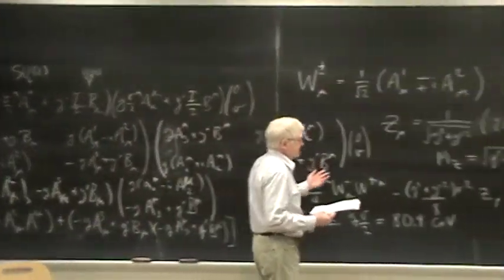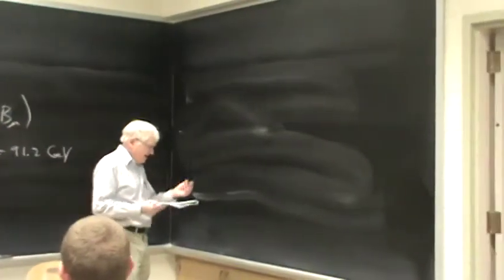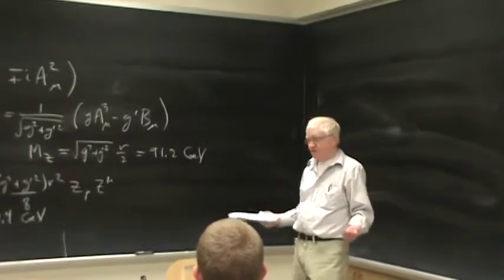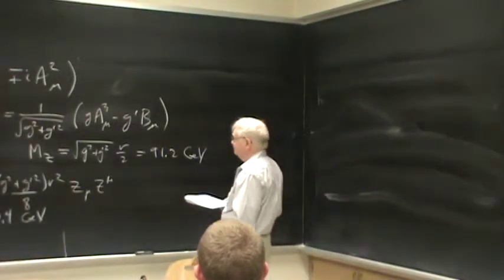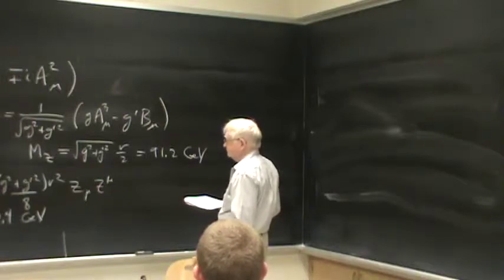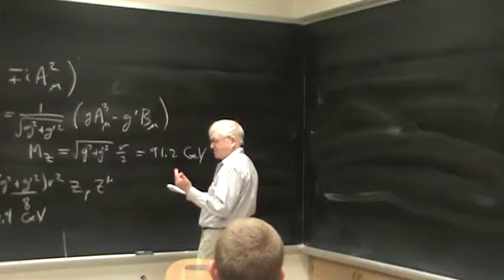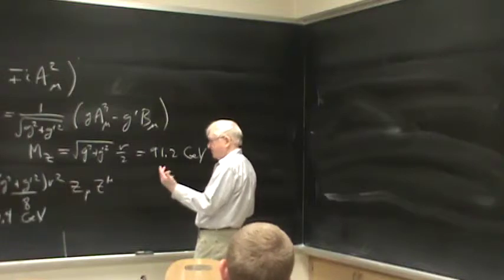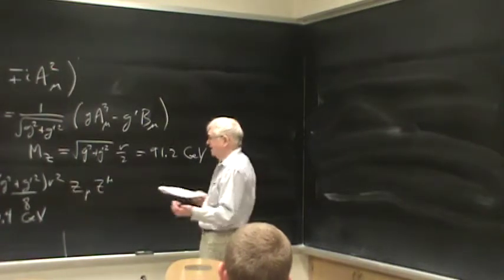We learned not only this, but we also can figure out what the rate is for beta decay or these other interactions of the W's with the charged fermions. That gives us three inputs, Fermi's constant, that is to say, the weak interaction constant that Fermi introduced in his non-renormalizable theory of beta decay.